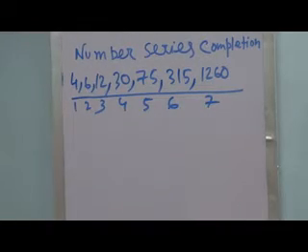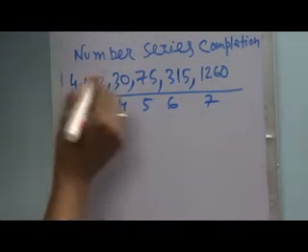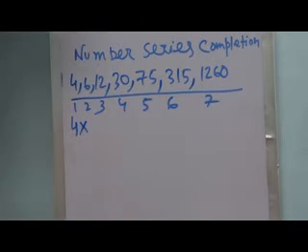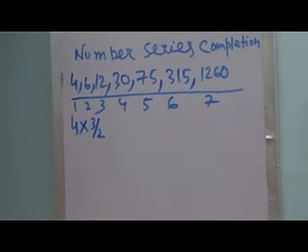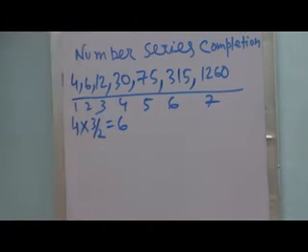So what is the relation between the numbers in position 1 and position 2? If we multiply 4 by 3 by 2, what do we get? 4 into 3 by 2 equals 6.